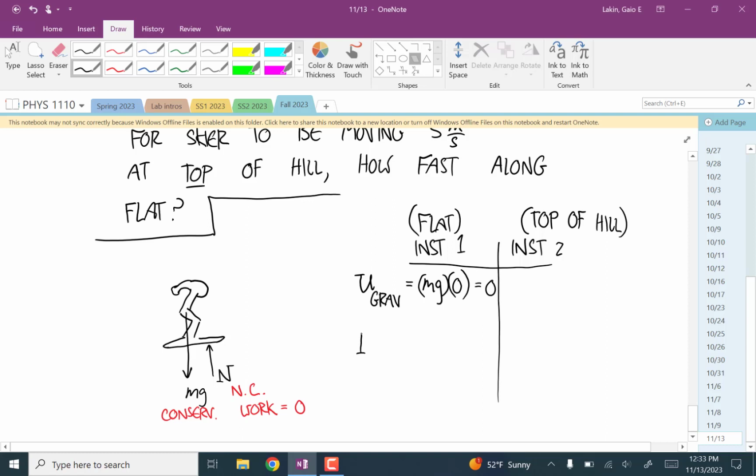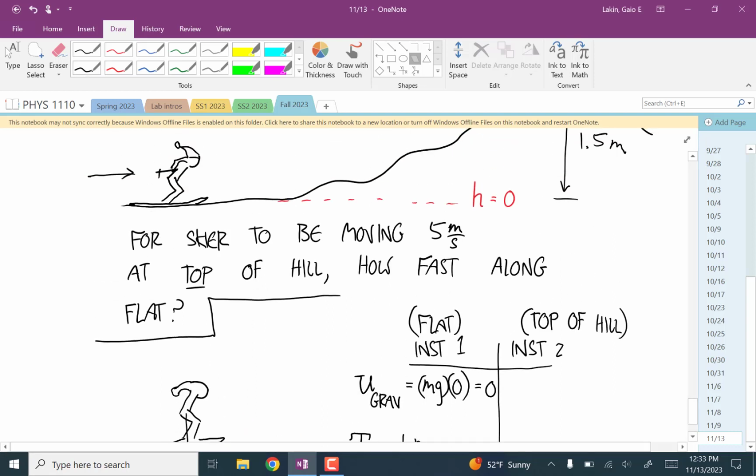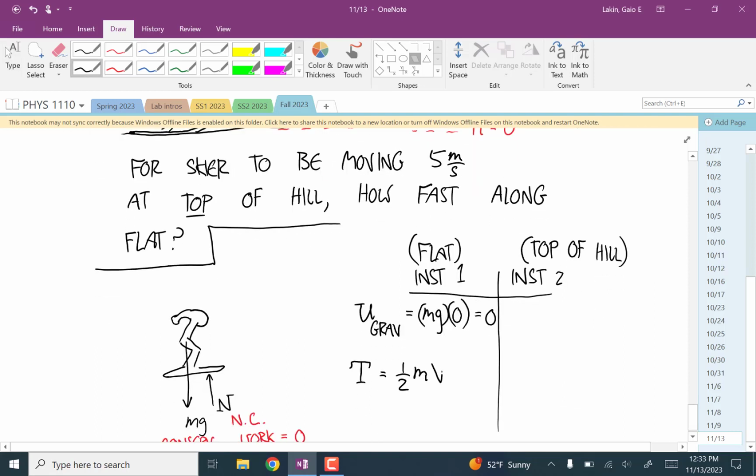And then the kinetic energy is 1/2 times the skier's mass times the speed squared. Do we know what the speed is at the flat? 5 meters per second. The 5 is at the top. So we don't know what it is at the flat. That's what we're trying to calculate. So we'll just leave that in as v. Okay, so that v is what we're going to try to calculate.